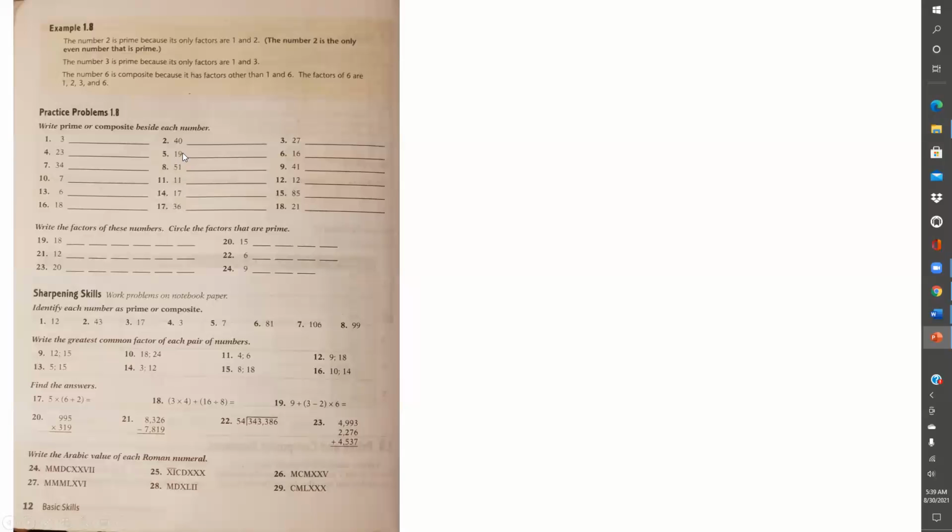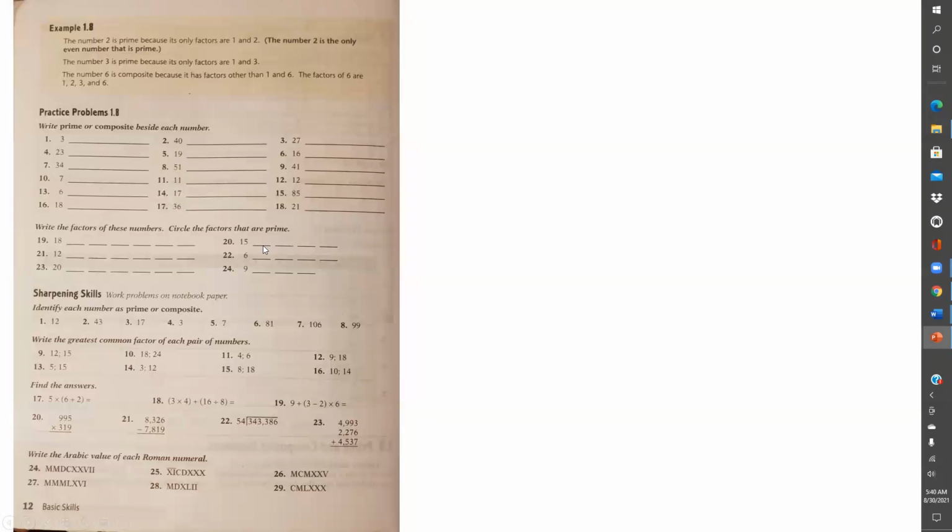The number 19, you can only make that with 1 times 19, so 19 is prime. 51, you can only make that with 51 times 1. 51 is prime. 11 is also prime. 17, a lot of prime in this column, is prime. And 36, we know would be composite because you can make that with numbers other than 1 times 36.